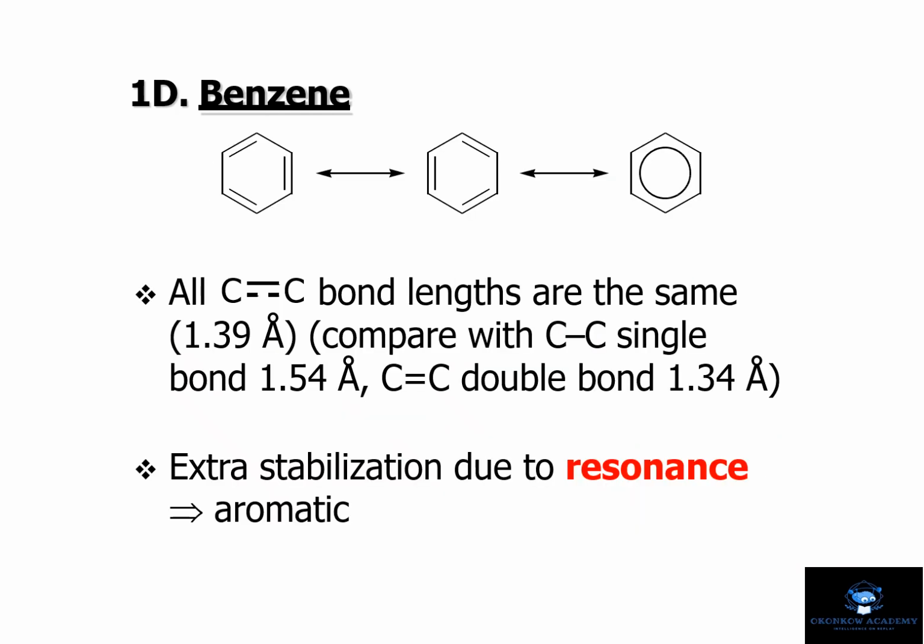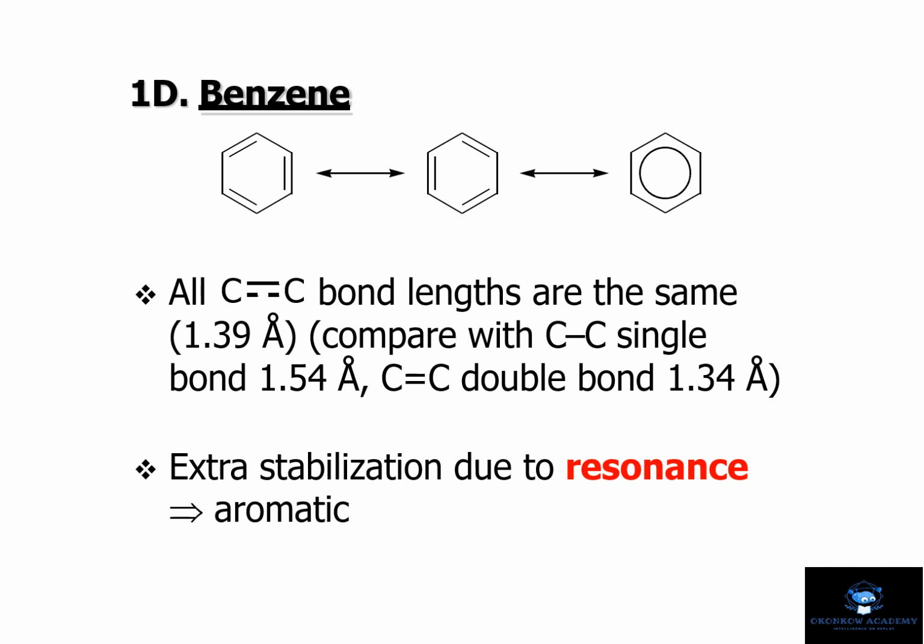Now, let's look more carefully at benzene. All six carbon-carbon bond lengths in benzene are identical, at 1.39 angstrom. This is intermediate between a carbon-carbon single bond at 1.54 angstrom and a carbon-carbon double bond at 1.34 angstrom.